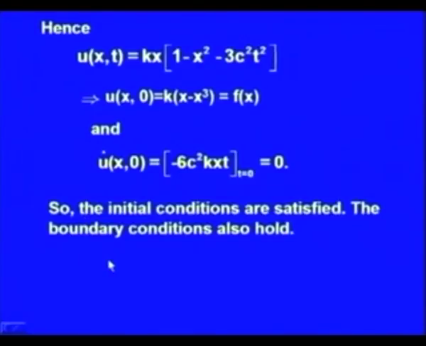In our next lecture, we shall discuss the one dimensional heat equation, which is delta u over delta t equal to c square delta square u over delta x square. That equation we shall again solve by using the separation of variables method, that is the product method, which we have discussed here.